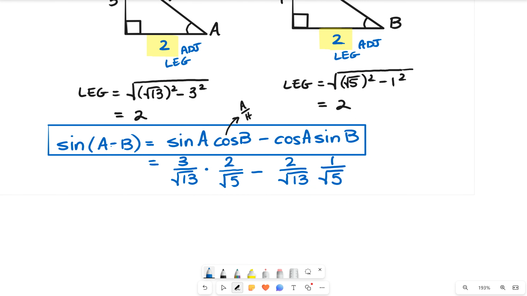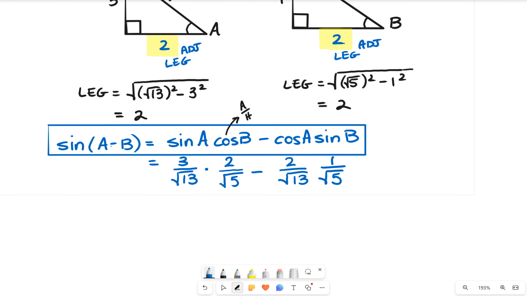Calculator, get at it. Type it exactly as you see it. Let it all work out. Actually, you know what? With these problems, now that I'm saying this, I think you need to do it step by step because of the radicals. So let's do this step by step. 3 times 2, you get a 6. 13 times 5, both denominators are radicals, so 13 times 5 is a 65. And I need to make sure not to forget my square root.